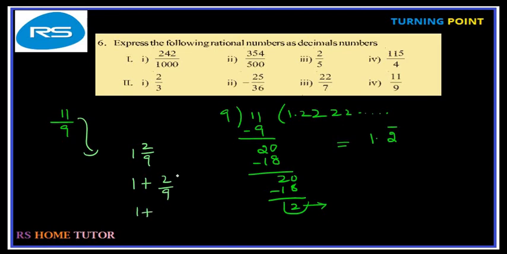Earlier 2/9 we can write as 0.2 bar. So 1.2 bar. Your answer is 1.2 bar. What we got after division, the same answer. So this is a shortcut method. If you want, you can do it in this way also.